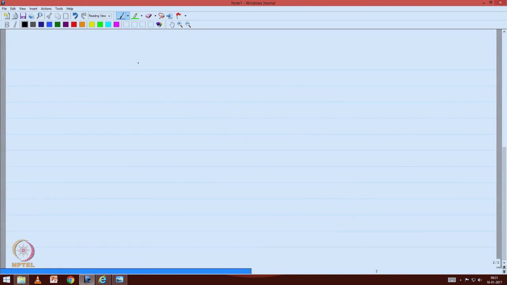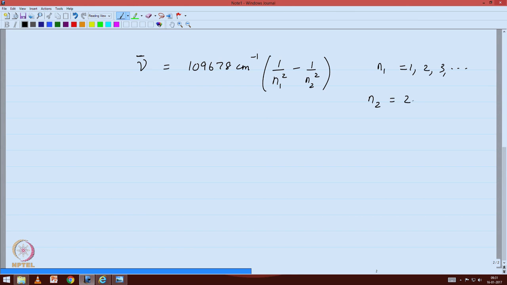The number 109,678 centimeter inverse multiplies 1 by n1 square minus 1 by n2 square to give the wave number. n1 is 1, 2, 3, etc. and n2 is always greater than n1, starting with 2, 3, 4, etc. Therefore, this is the prescription.